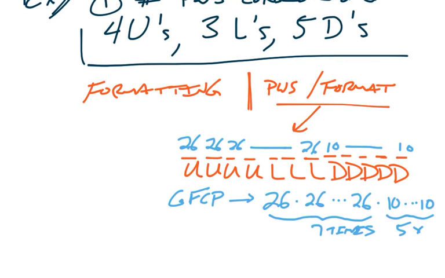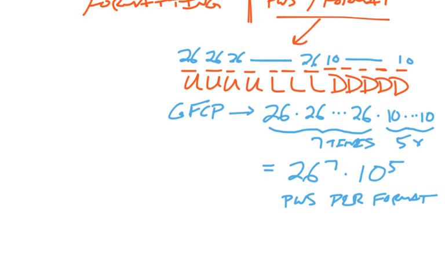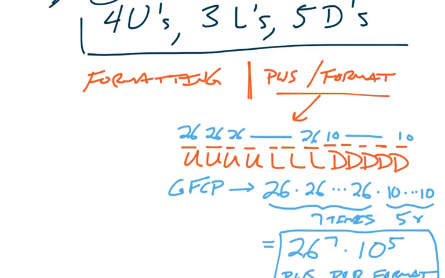So putting this all together, this is 26 to the 7th times 10 to the 5th, and this is passwords per format. That's an answer that we are going to keep in our back pocket until we have the other essential part of this, which is the issue of formatting.